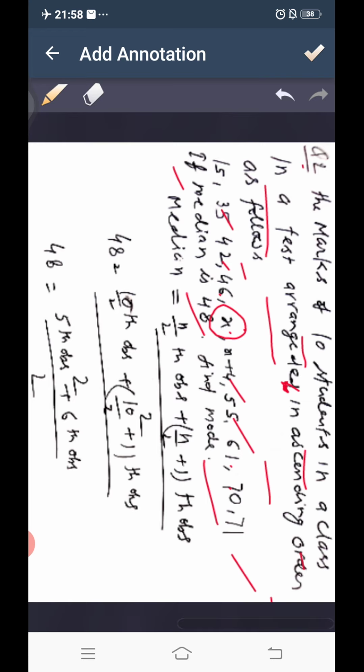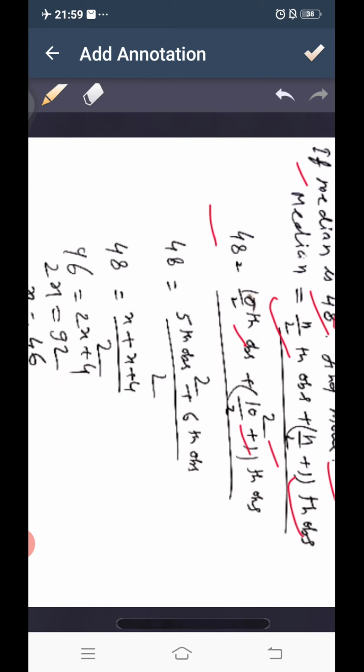So we apply median for even observations: n by 2th observation plus (n by 2 plus 1)th observation upon 2. Median given 48 equals 5th observation plus 6th observation upon 2. The 5th observation is x, the 6th observation is x plus 4, upon 2.